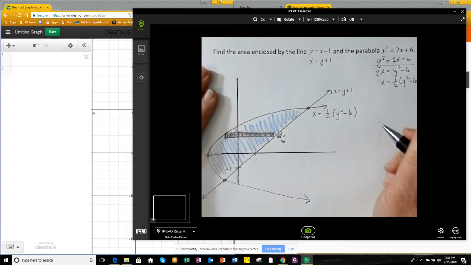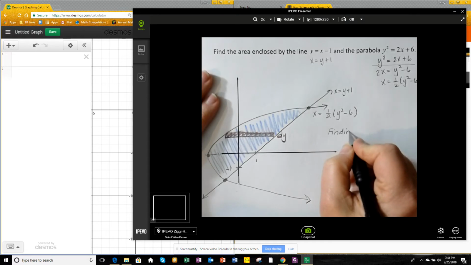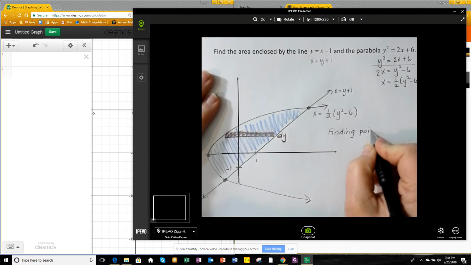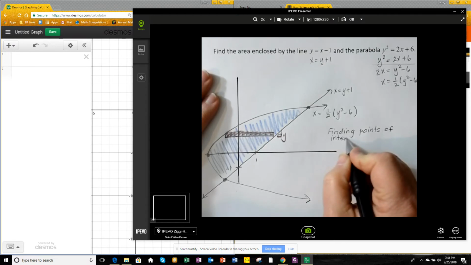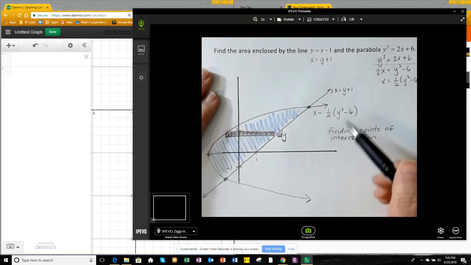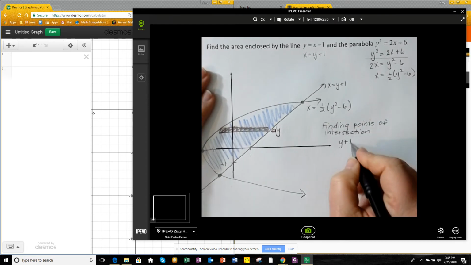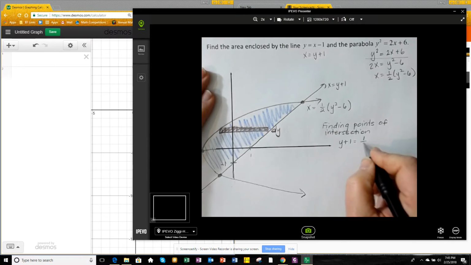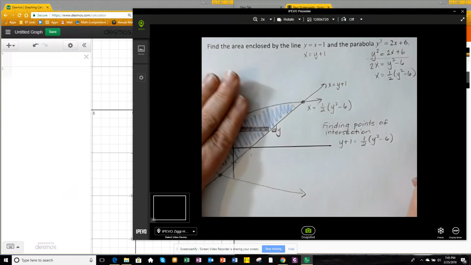All right, and now to find the points of intersection. Well, I have solved them both for x, so they're equal to each other now. So I can say that y plus 1 equals 1/2 times y squared minus 6.